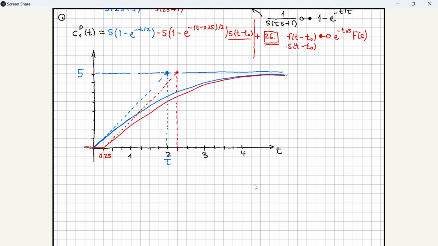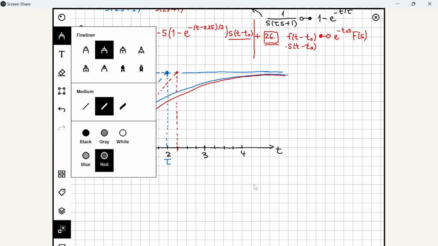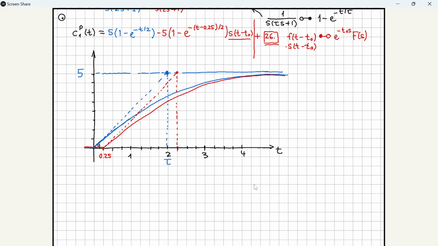And eventually the two lines will get very close to each other because they end up at the very same final value. Okay. So now what is C1 P of t? Well, it's exactly the difference between those two curves. So it will increase and it will decrease. And it gets smaller and smaller and smaller.